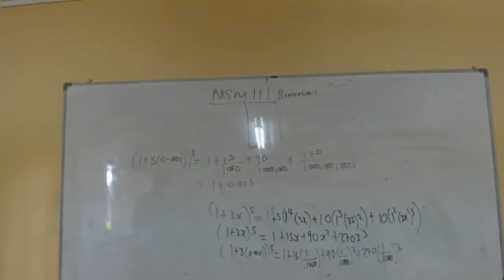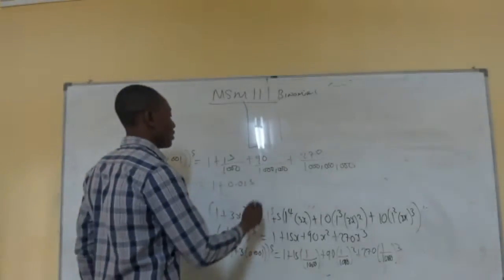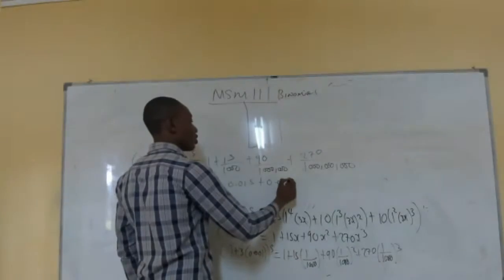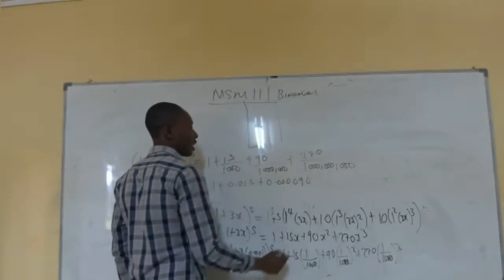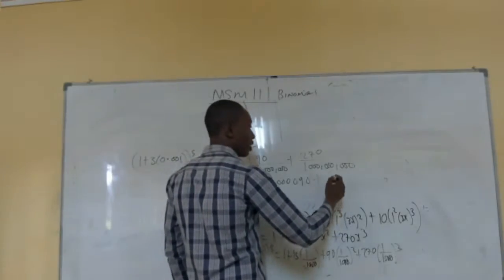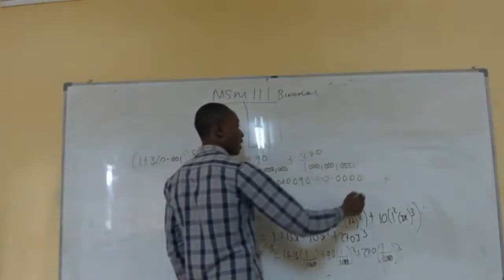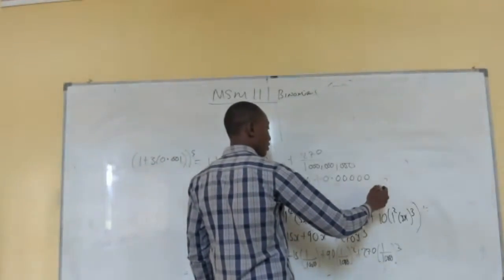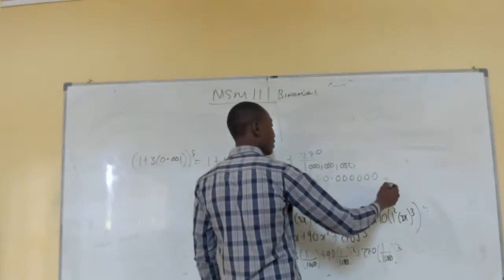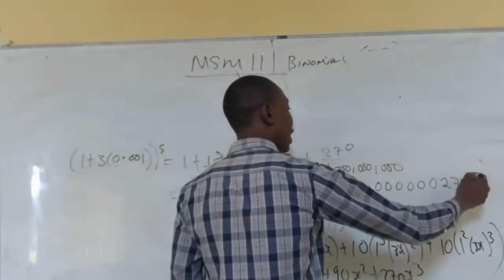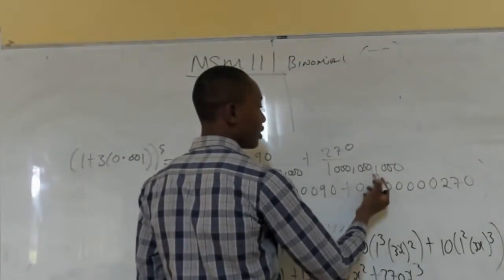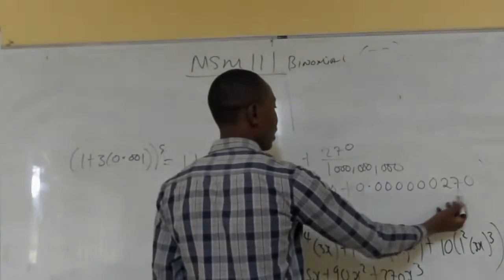What is 90 over 1 million? 90 over 1 million is the same as 0.00009, and 270 over 1 billion is 0.00000027.